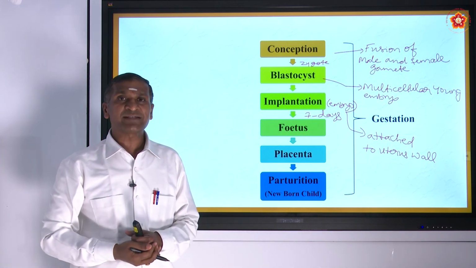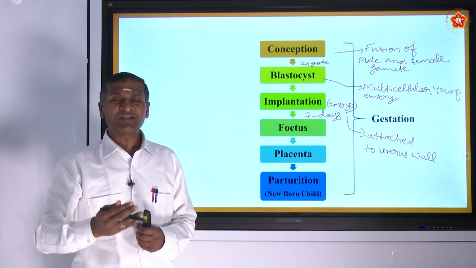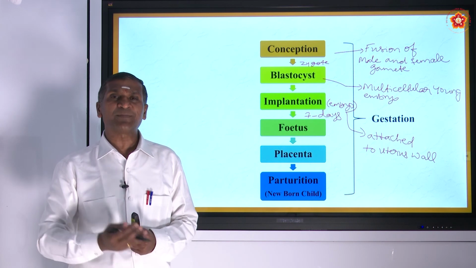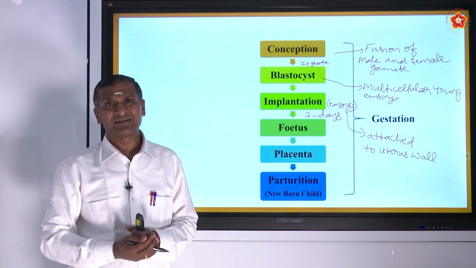The fetus further starts to develop organs. The first organs it starts to develop are the spinal cord and the nerve tube.